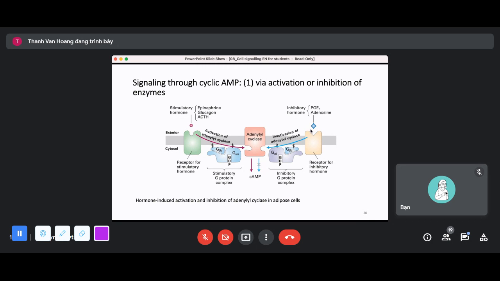So if adenosine binds to its receptor, less cyclic AMP will be produced, in contrast to the case of adrenaline. Or in the video, glucagon induces cyclic AMP signaling in liver cells and causes glycogen degradation.